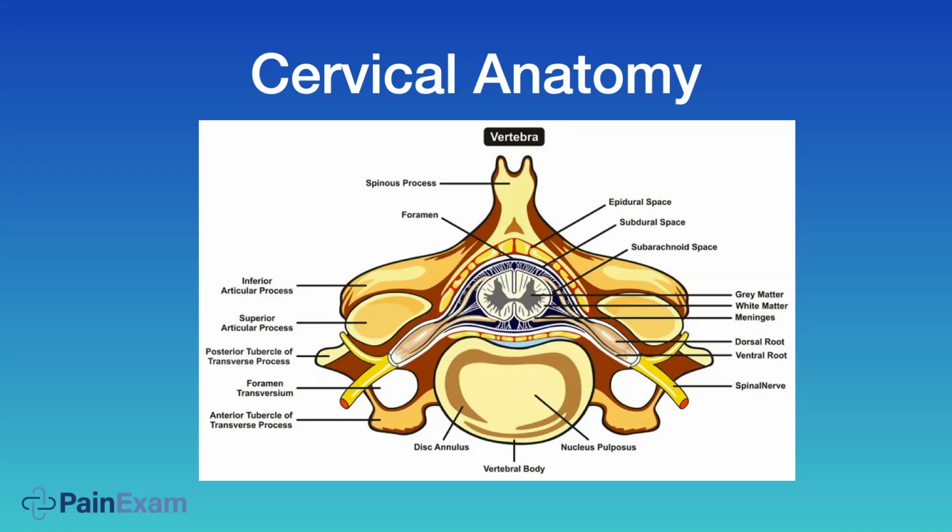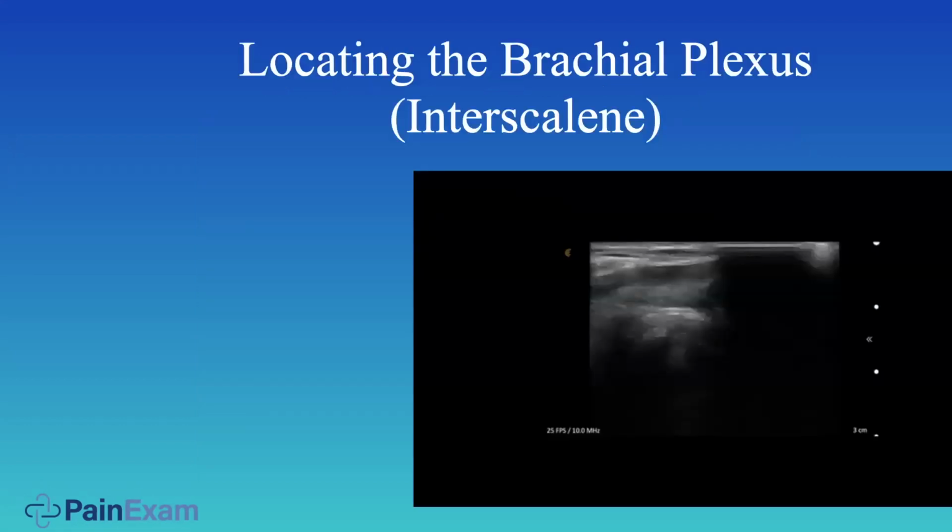So here, the relevant structures for sonoanatomy, I'd say, are the spinous process, the articular pillar, posterior tubercle, the foramen transversarium for the vertebral arteries. Note the exiting nerve root as it comes out anteriorly, not just laterally, it's more anterior. And the medial branch nerve, which wraps around here to innervate the joint as well as the muscles.